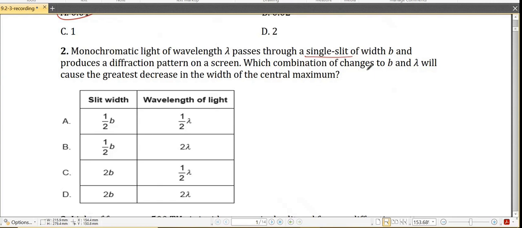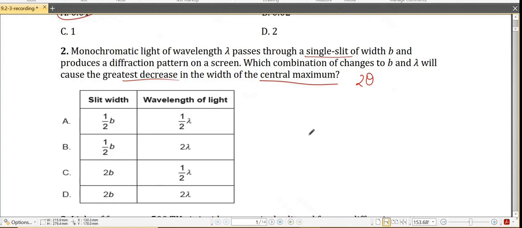Which combination of changes to b and lambda will cause the greatest decrease in the width of the central maximum? Whenever they are talking about the central maxima, remember they're talking about 2 theta.